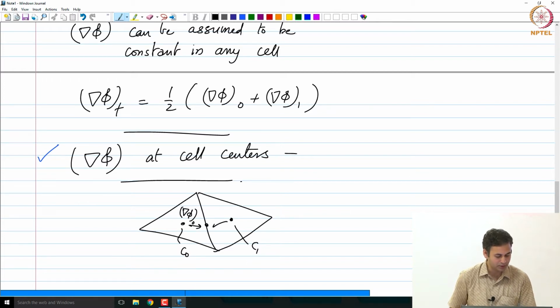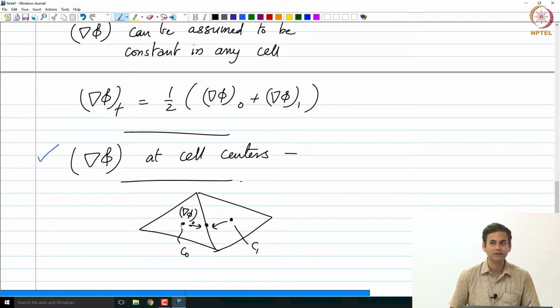So, even if the distance is not equal, what is grad phi? Grad phi is assumed to be constant over the entire cell. So whatever the distance, it does not make a difference. If there were a variation of grad phi inside, then there would be an effect of the distance.